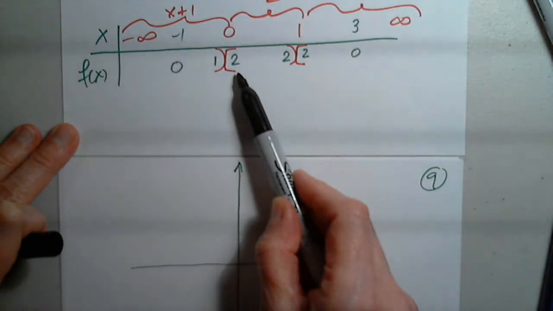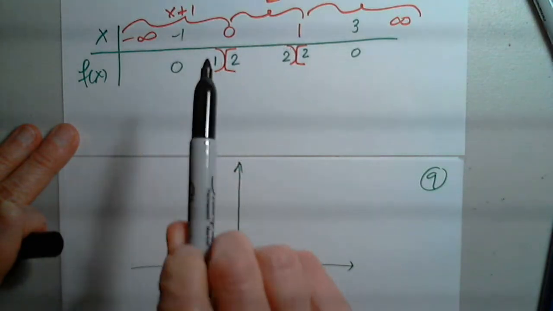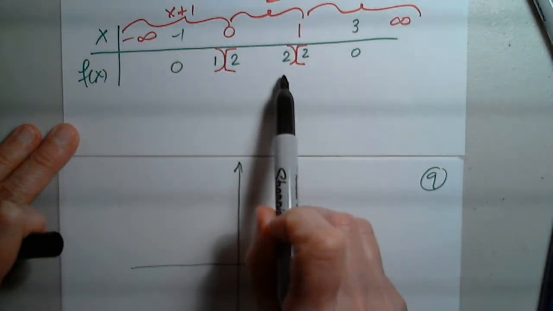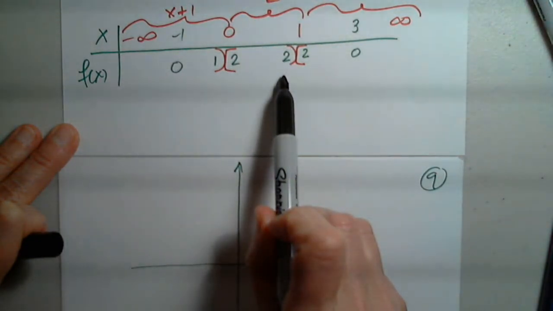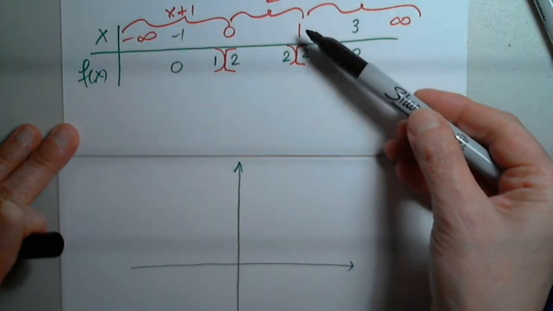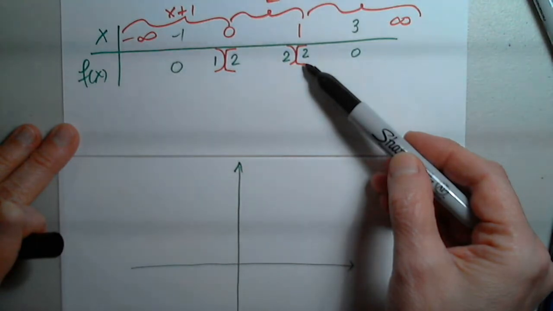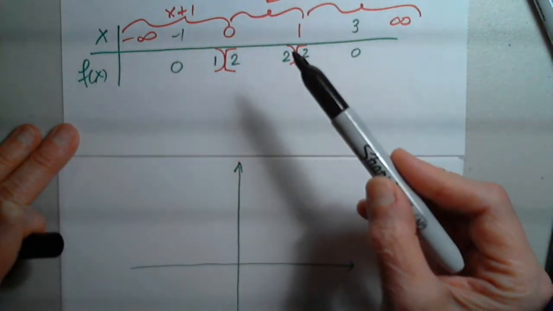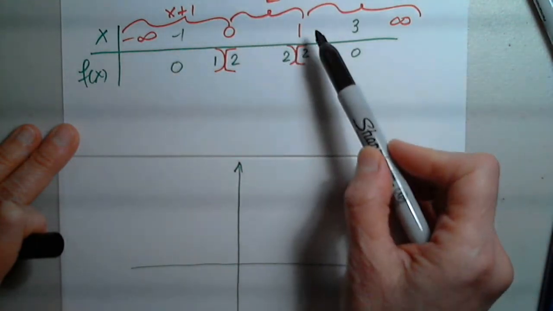2. Yeah. What is the limit from the left of 1? 2. Good. What is the limit from the right of 1? Does this limit exist from either side?